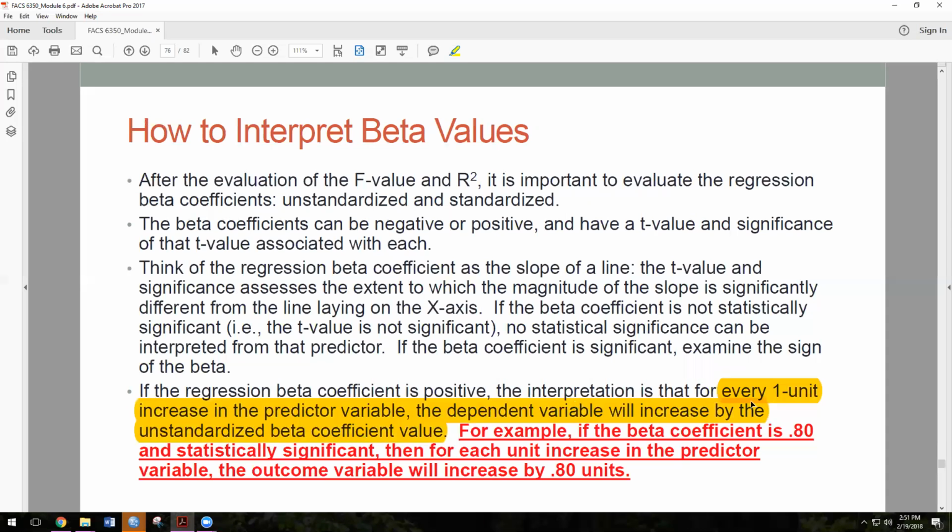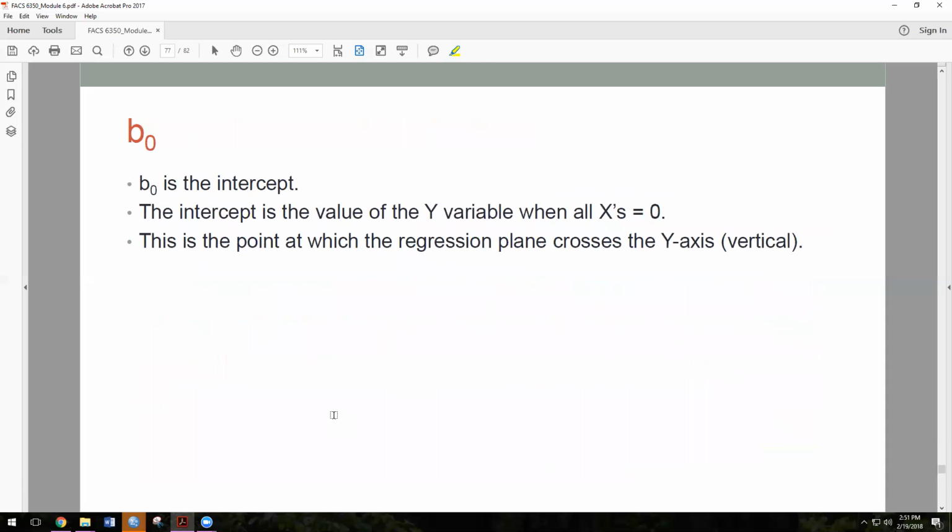So you fill in the blanks. For every 1 unit increase in sun exposure, the risk of skin cancer will increase by 0.25. I just made that up, but that's how you would phrase that in your conclusions.